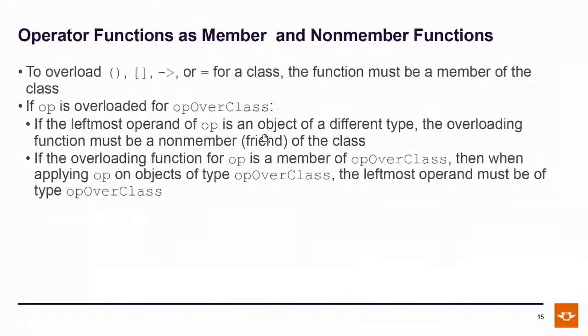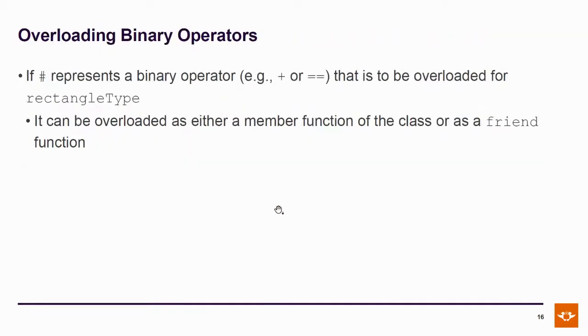Default to member function, but if you are not the left-hand side, it has to be a friend function or at least a non-member function. However, if you are the left-hand side, then you should do it as a member function, if possible. All right.